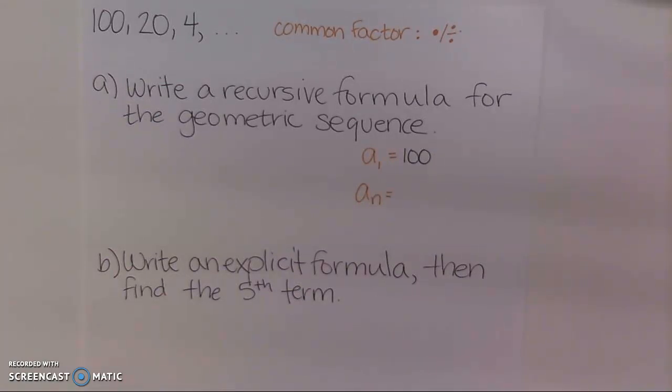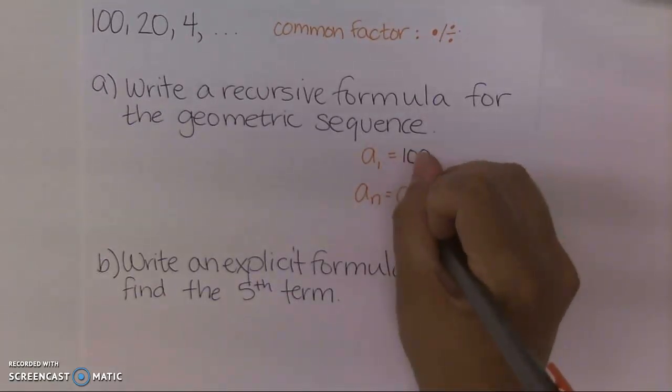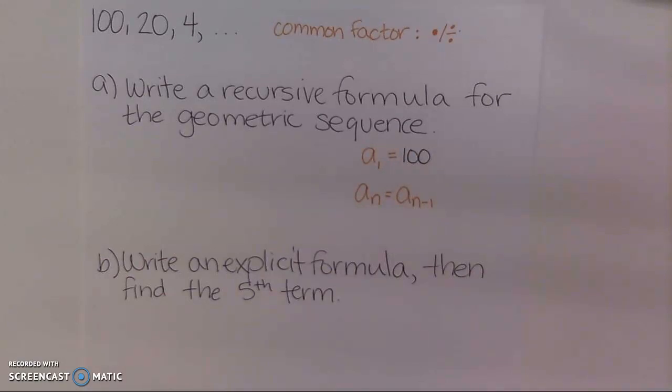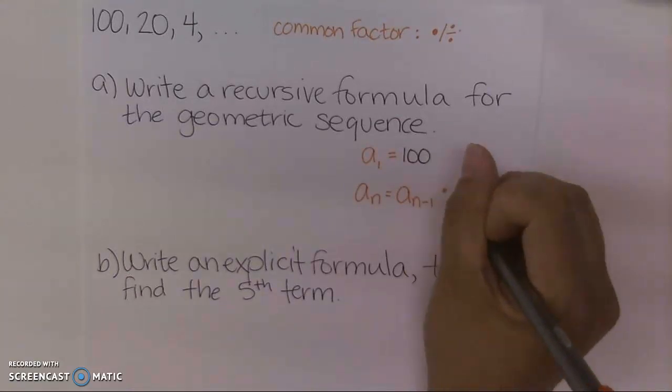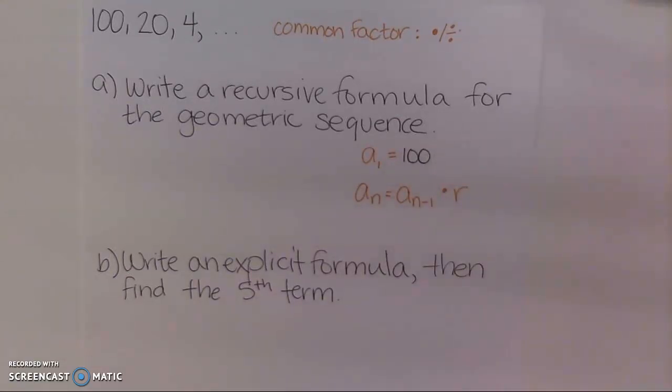That nth could be 100, it could be 1 million, it could be whatever. And in recursive, that nth term is always written based on the previous term. So the previous term would be n minus 1. So the n minus 1 term times that ratio, whatever that factor is, so times r, is going to be what our recursive formula is.